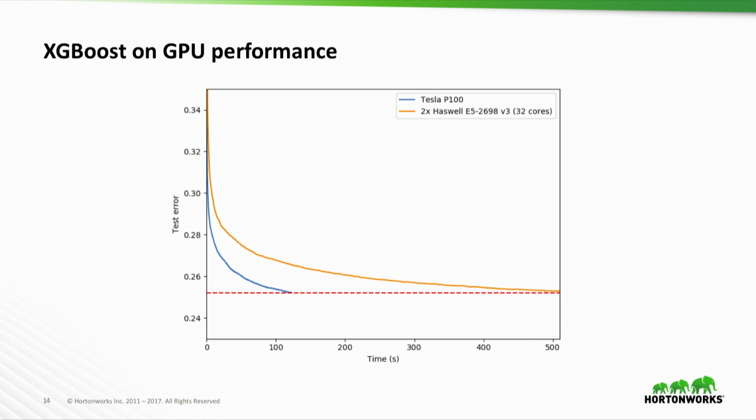The blue line is the GPU version, and the orange line is the CPU version. The test error of the GPU version decreases much faster compared with the CPU version. So this is only single node acceleration.